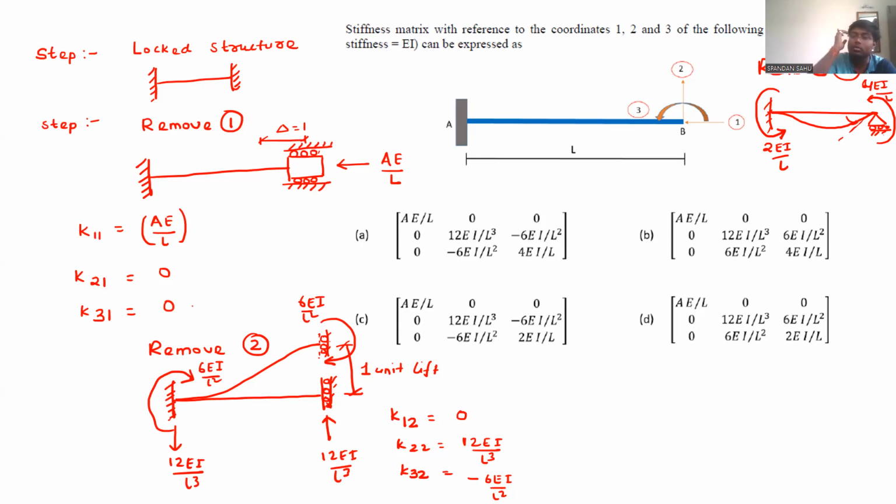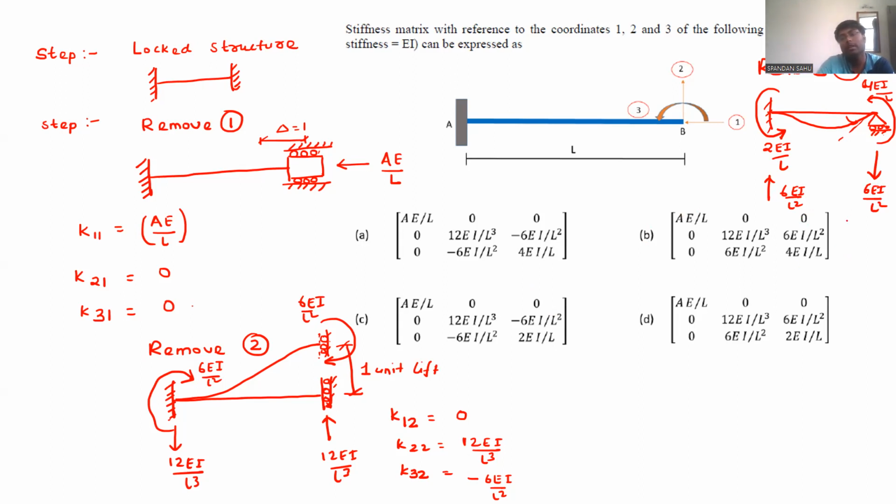Anti-clockwise rotation plus. So to arrest that anti-clockwise rotation, how much clockwise movement do you need? 6 EI by L. How can you provide it? Just give a couple. Couple will be 6 EI upon L square.